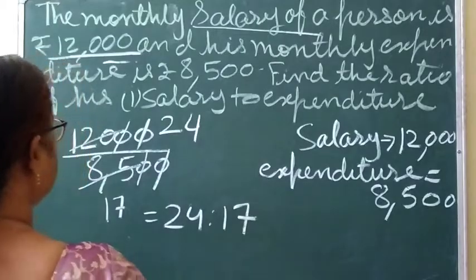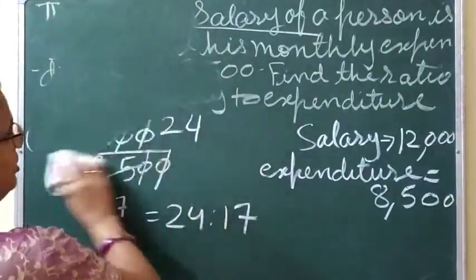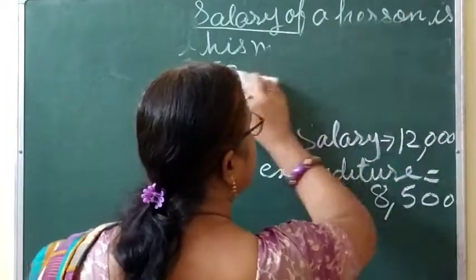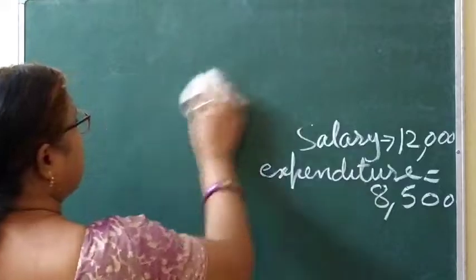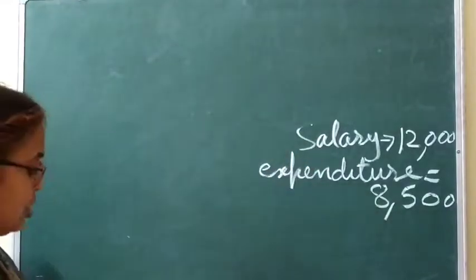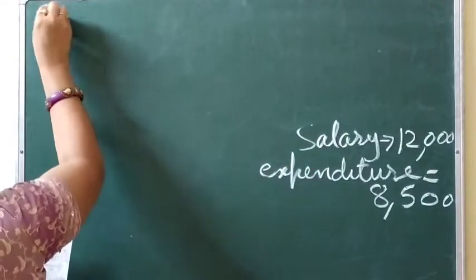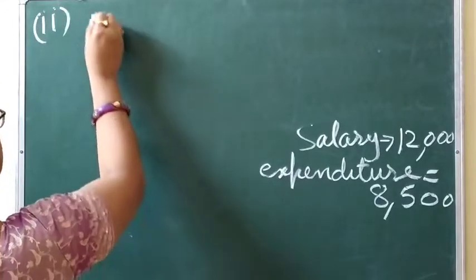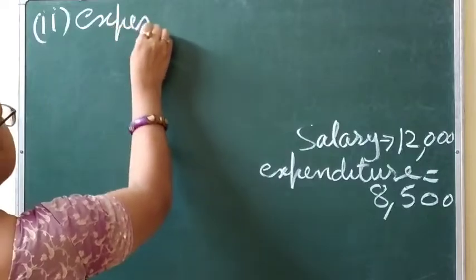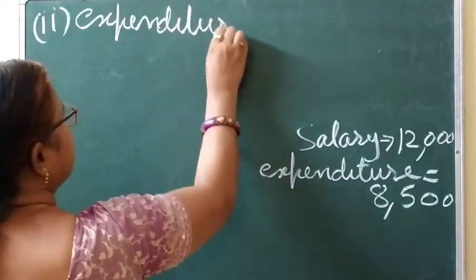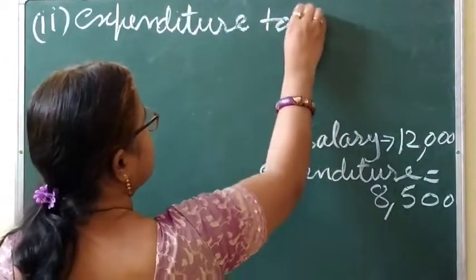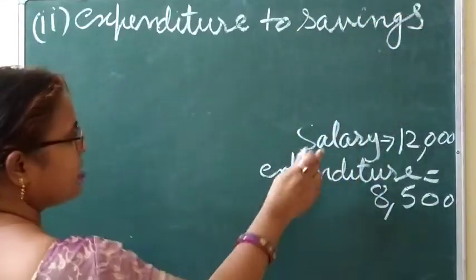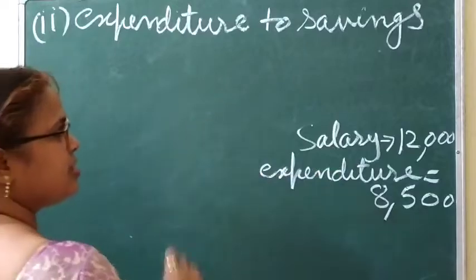Okay? Now next we have to find out expenditure to savings. Whatever data we require to solve the sub parts, I have written here. But here salary is given, expenditure is given, savings is not given.